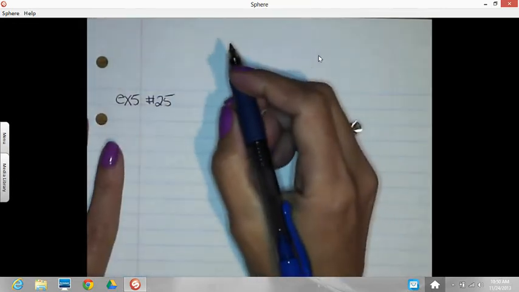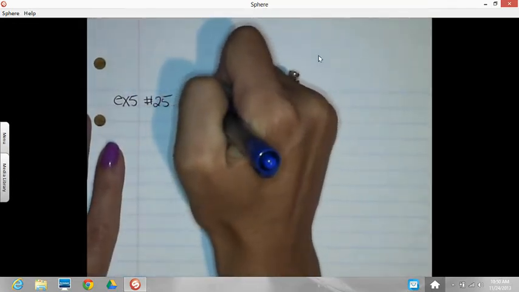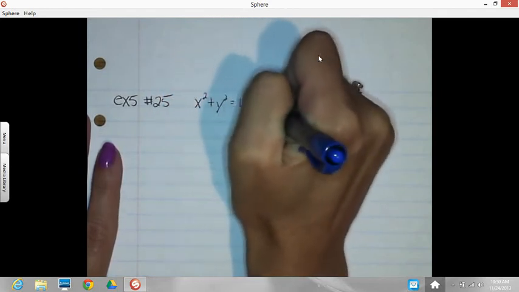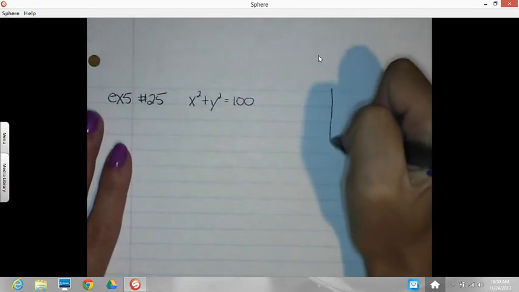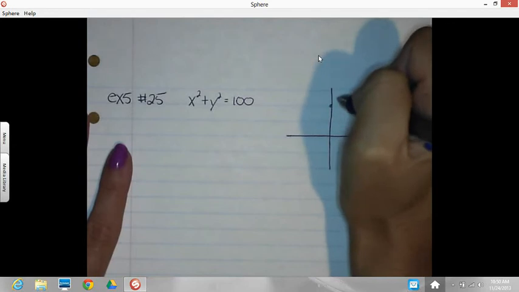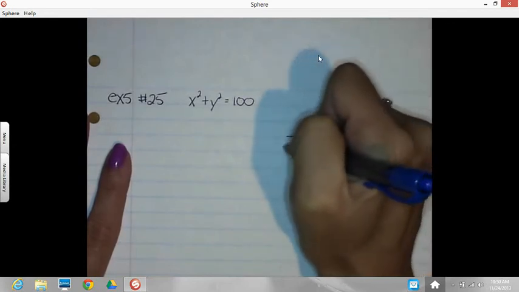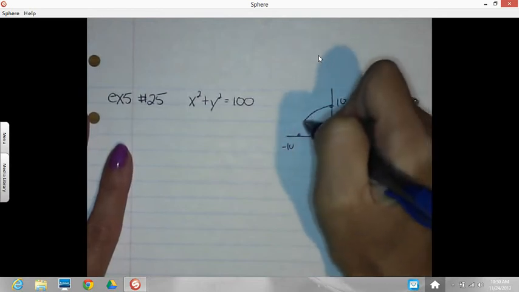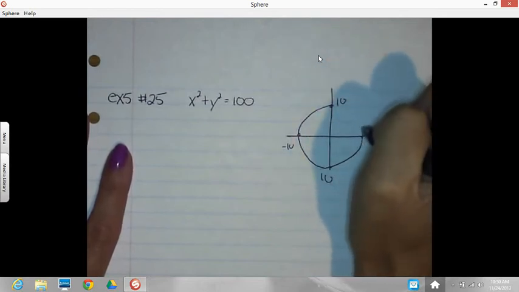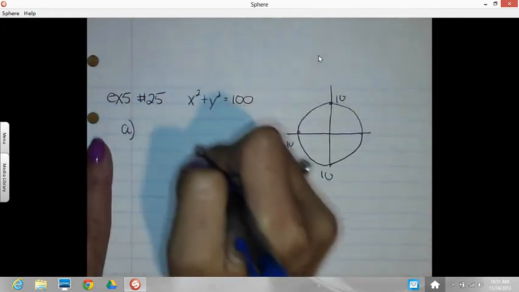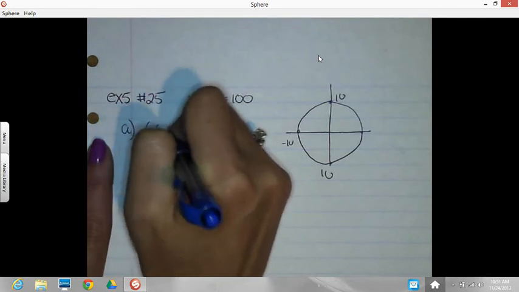Okay. Here we go. X squared plus y squared equals 100. If I just did a quick sketch of that, it's a circle that goes out to 10, centered at the origin. Okay, the first thing it asked you to do was show that negative 6, 8 is on the circle.